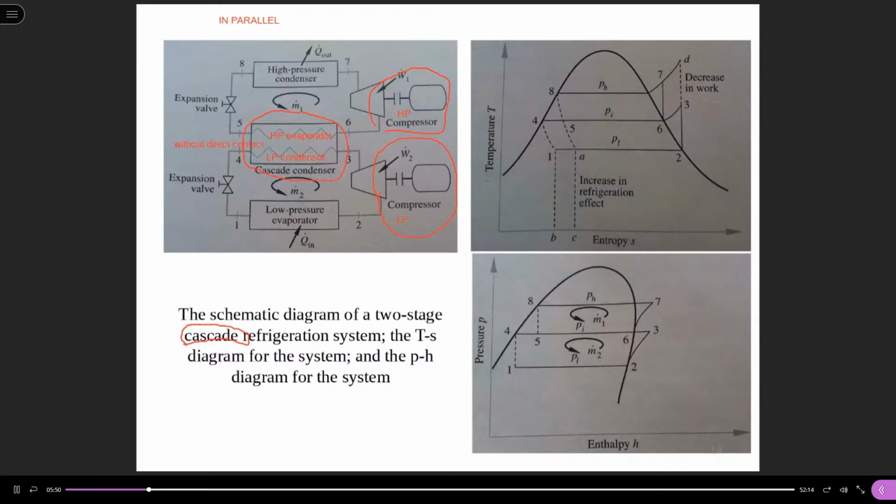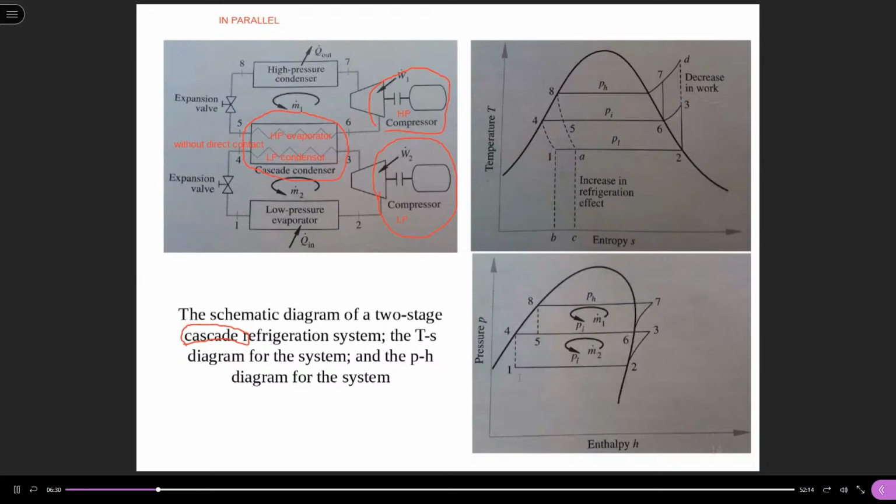So we can see for this two-stage cascade refrigeration system, besides the two-stage compressors, we have a cascade condenser. In fact, it serves as the low pressure loop condenser, but it also serves as the high pressure loop evaporator. And there is no direct contact between the working fluids in the two loops.